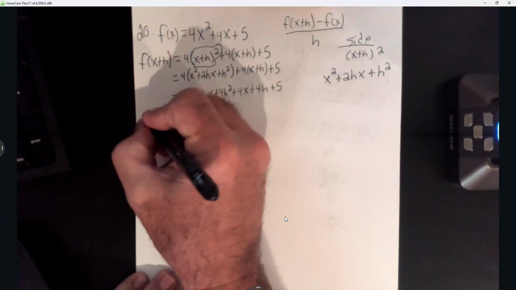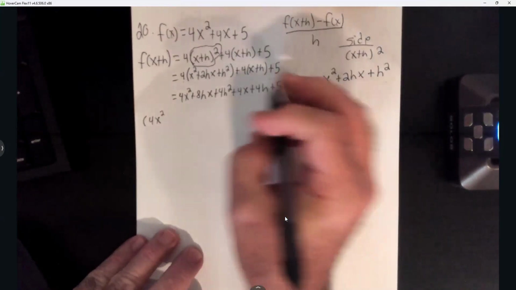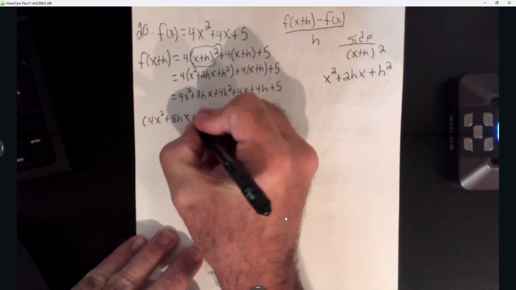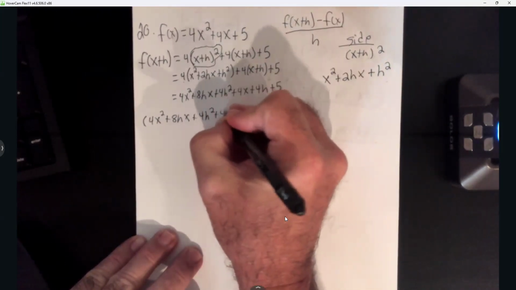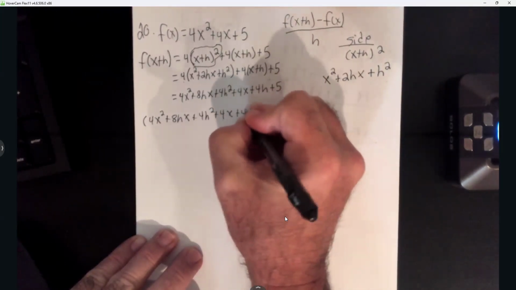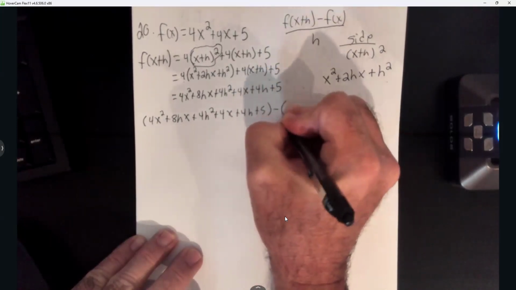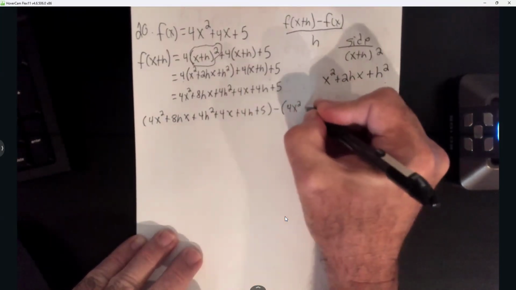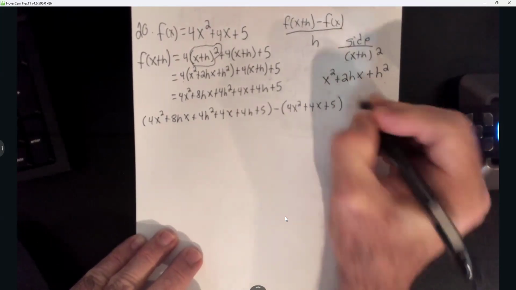So let's plug them in. F of x plus h, 4x squared, plus 8hx, plus 4h squared, plus 4x, plus 4h, plus 5, minus f of x, which is 4x squared, plus 4x, plus 5.